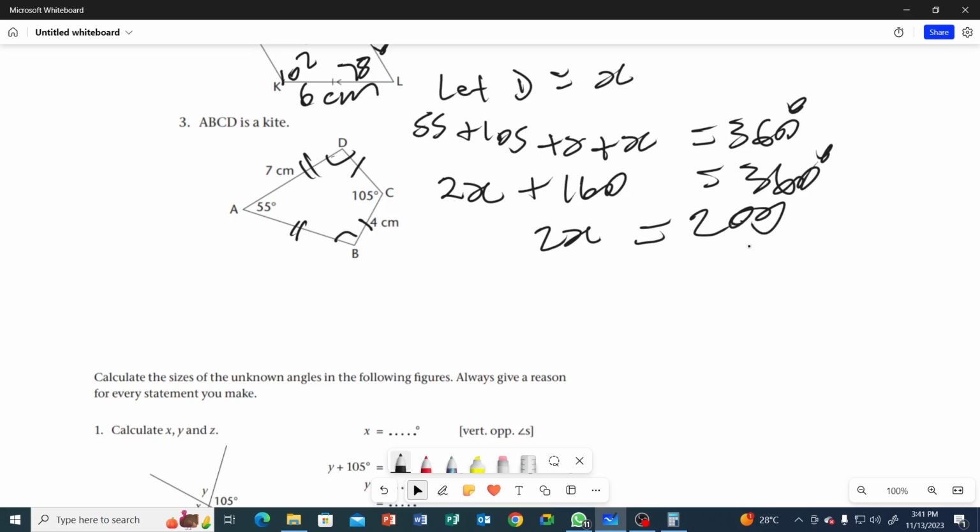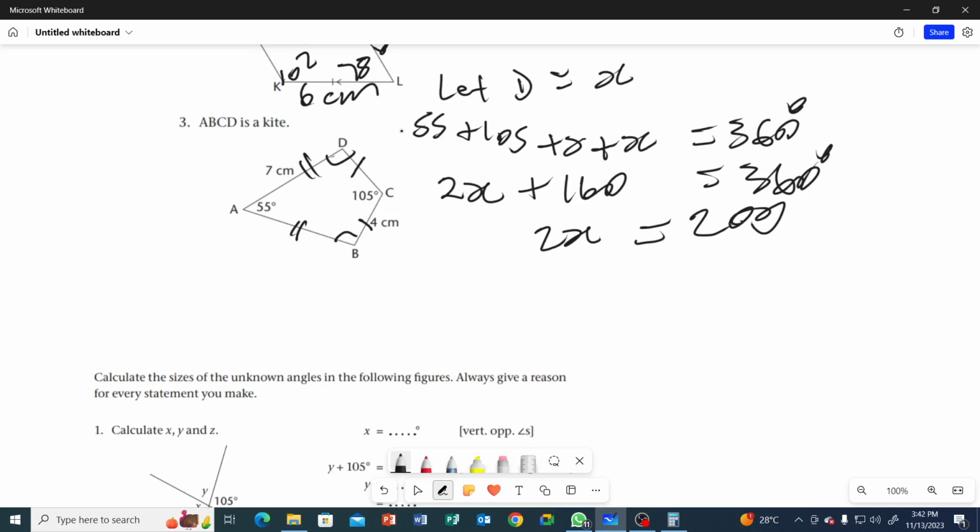So, meaning that both D and B equal 100 degrees each. So this is equal to 100, D is equal to 100. Okay. Now I am done with all the angles.